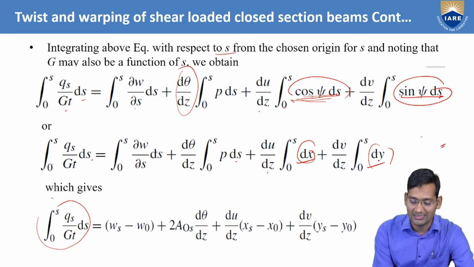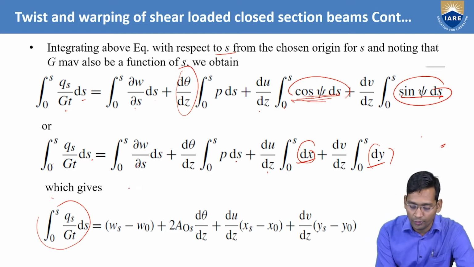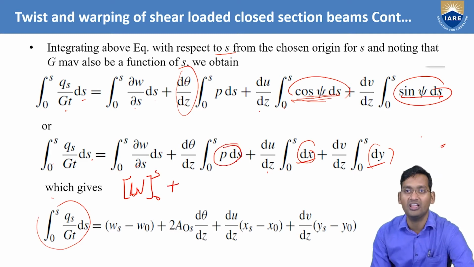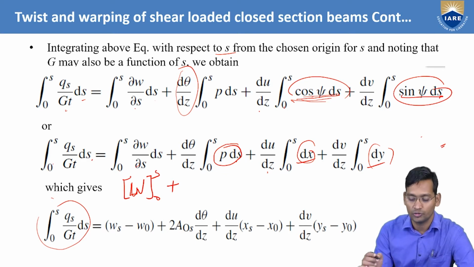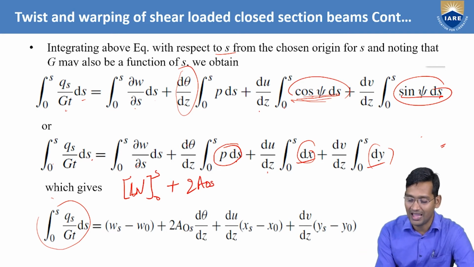Now in this one, ds cancels, and the integration of del w will give you what? W, right? With limits 0 to s. Plus for this one, that p ds, we had already seen that is 2a, so here we write 2A_0s, and d theta by dz is common. Here w is not there, so 2A_0s is simply the area from 0 to s.